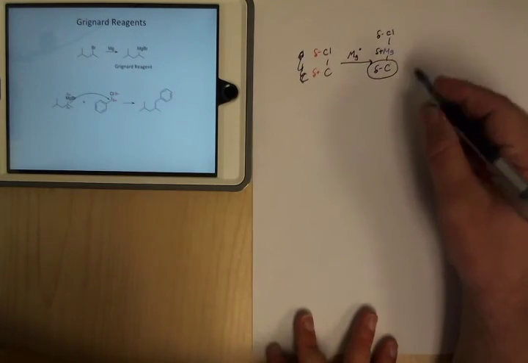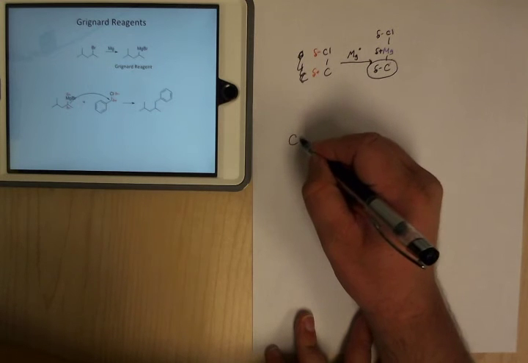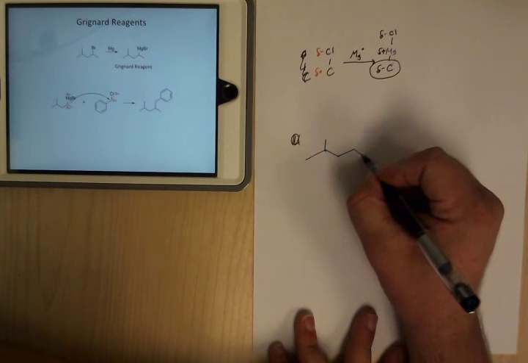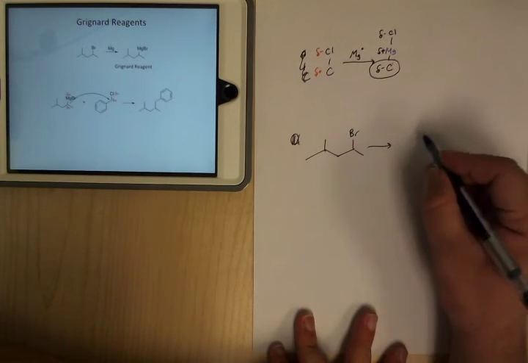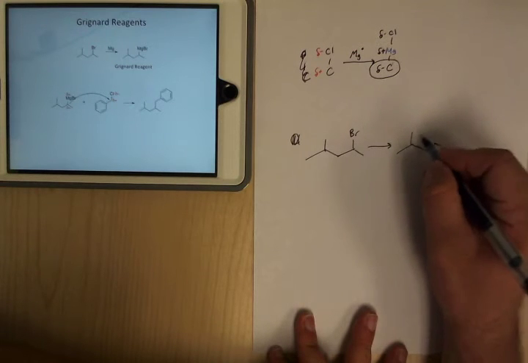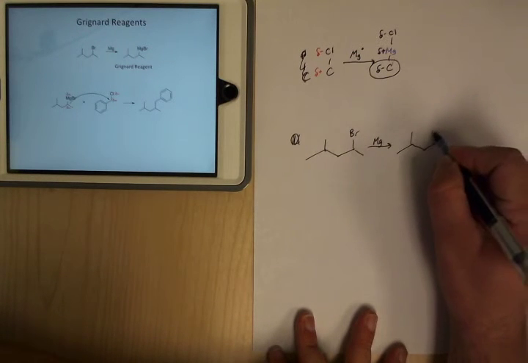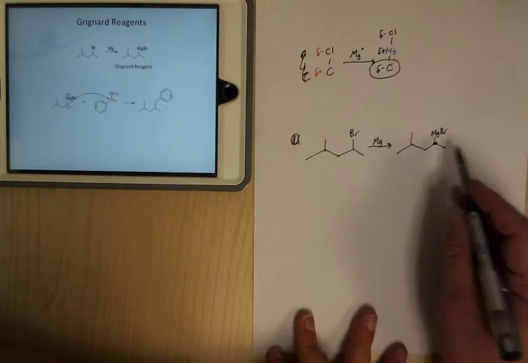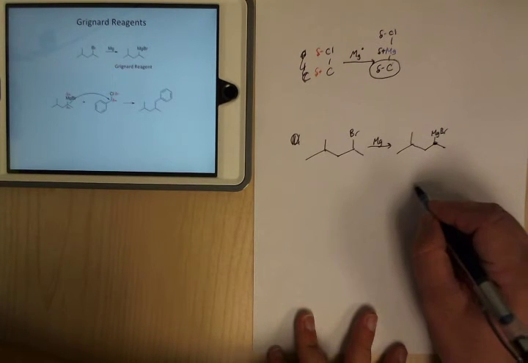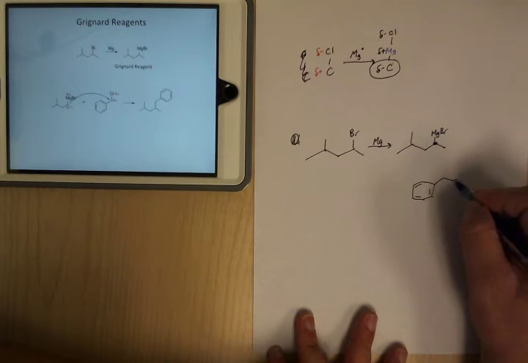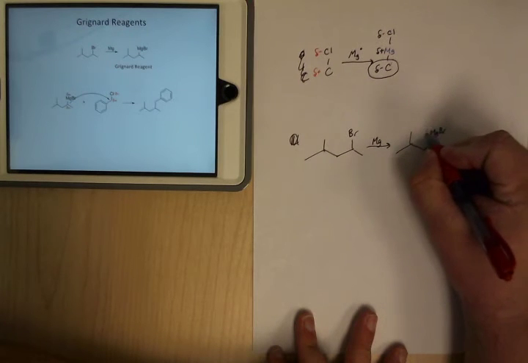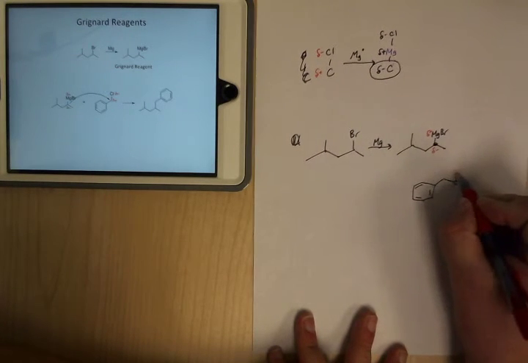And so if you had this compound, bromide, you mix it with magnesium, so now you've got the MgBr, and essentially you've put a negative character there. And if you mix this with, say, the chlorotoluene that you made previously, now you've got partial negative, partial positive here, and partial negative, partial positive here.